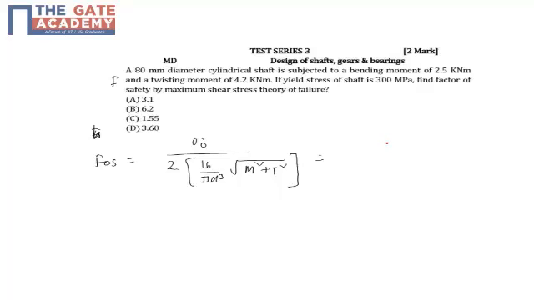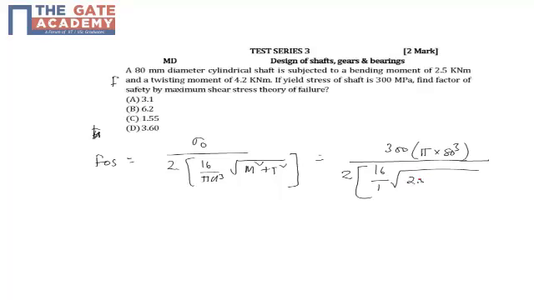Sigma naught, the yield stress of the shaft, is given as 300. Pi d cube, with d equal to 80. All dimensions we are substituting in mm and forces in Newton, so that stresses come out in MPa. Then 16 by pi d cube, root of M square plus T square.